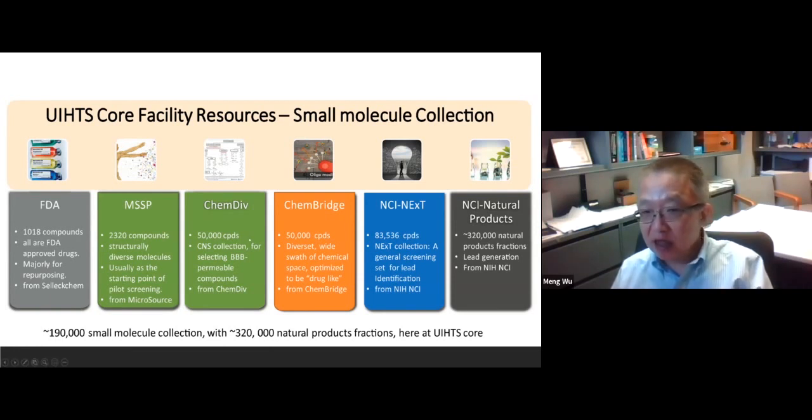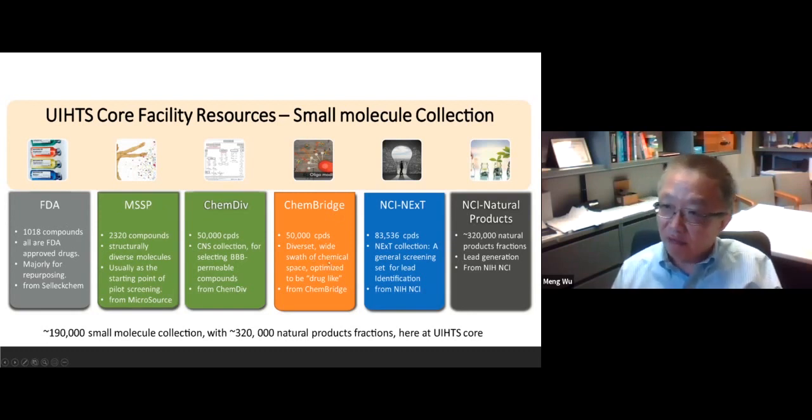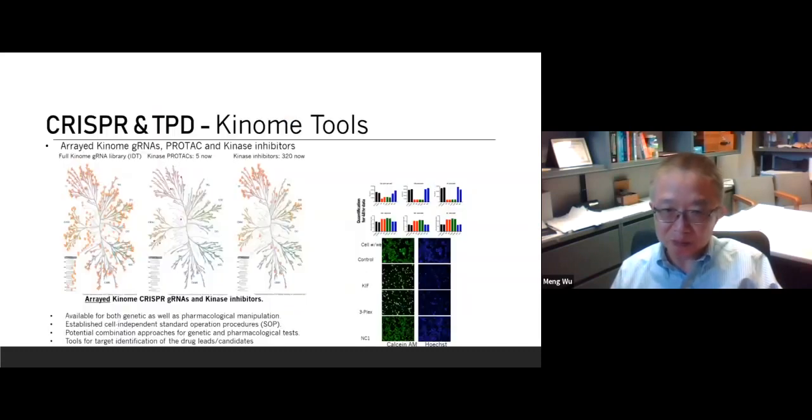Here is the individual information. We have, for example, FDA-approved drugs for repurposing purposes, the Spectrum library for pilot screening, and also a structure-based approach correlated with cancer. This gives us different levels of screening to fit the different purposes of the investigators.